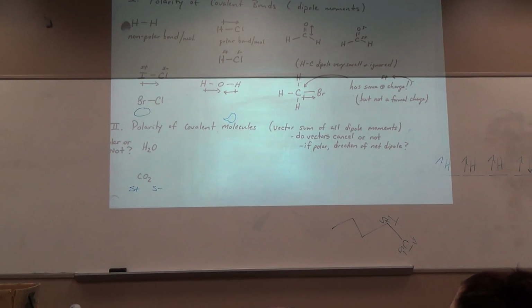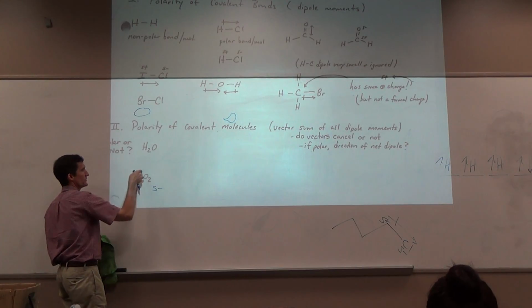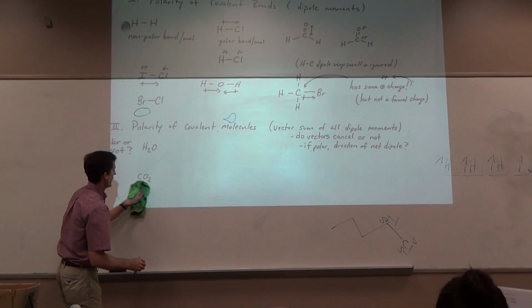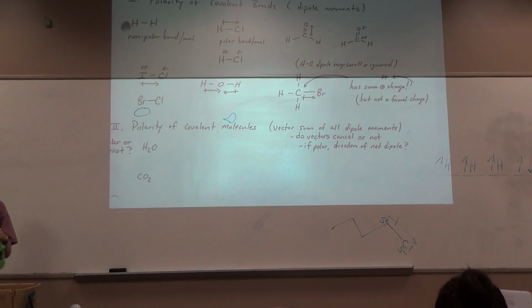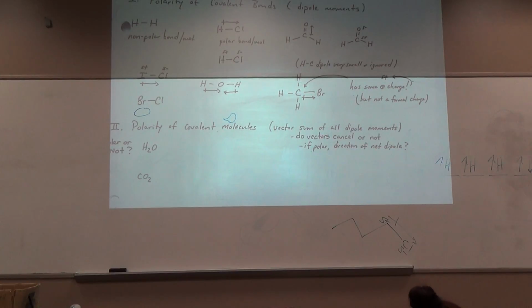Up there, we were looking at individual bonds, and with HCl, there's only one bond in the whole molecule. So that just gives you the answer for the whole molecule. Down here, we're going to have multiple bonds to consider. And then we will assess, overall, is it polar? What we're going to look for is, do the individual dipoles cancel or not? If they cancel, then we can say it's nonpolar.